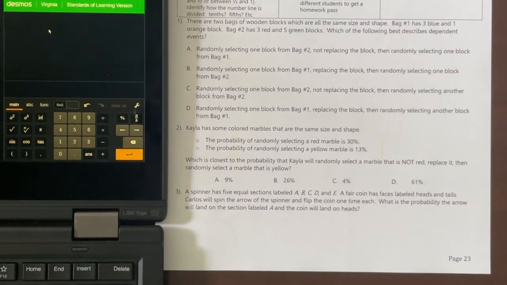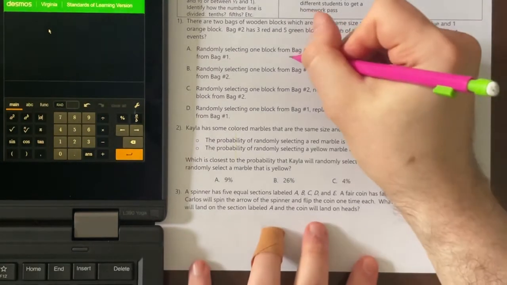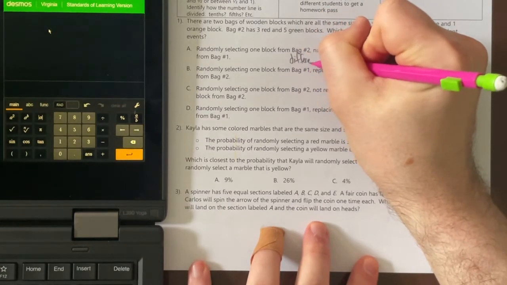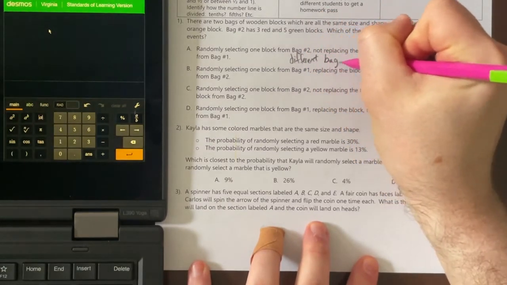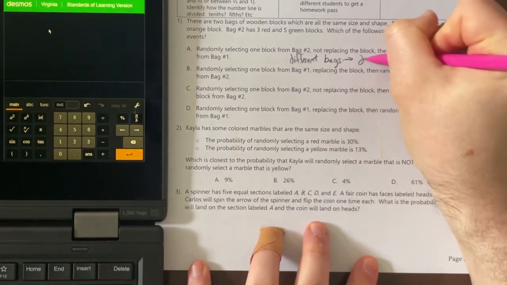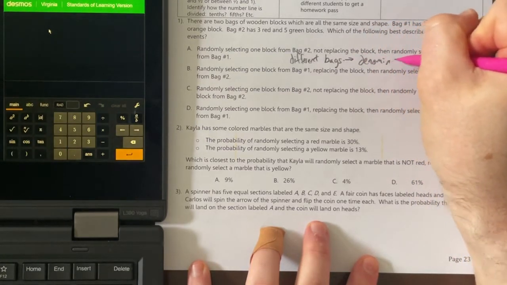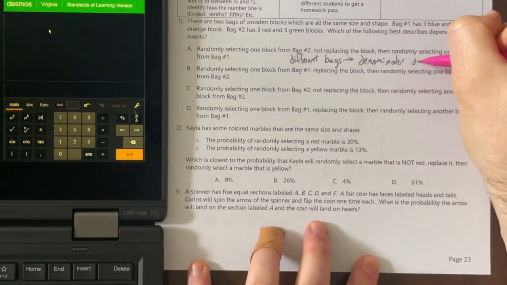All right. For A, it says randomly selecting 1 block from bag 2, not replacing the block, and randomly selecting block 1. So again, since they're different bags, the denominator does not change.